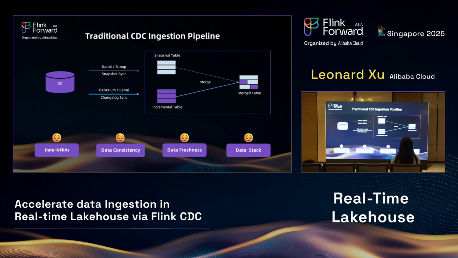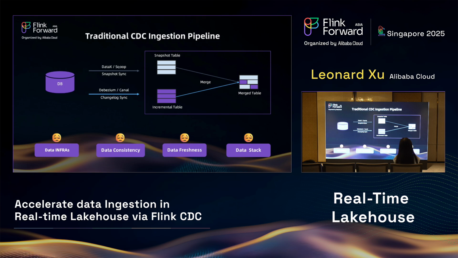Another shortcoming is data consistency, because when we merge the snapshot table and the incremental table, the log operation is harder to maintain. So it is harder to offer exactly-once data consistency.